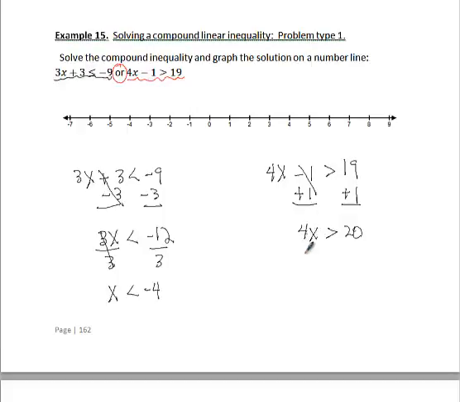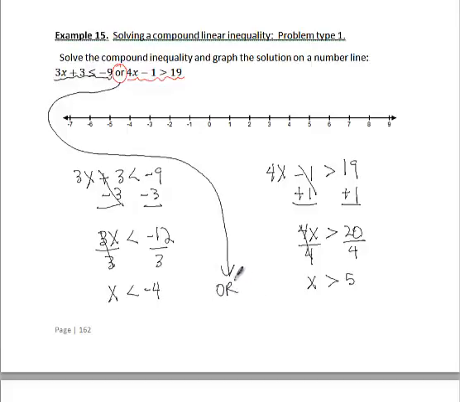The x is now being multiplied by 4. We do the opposite and divide by 4. 4's cancel, and we get x is greater than 5. So we want to graph the solution, but we can't just graph each one before interpreting these two along with the conjunction or.